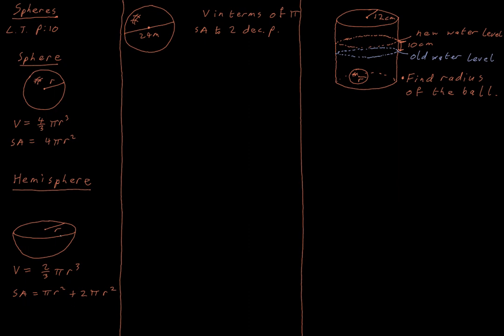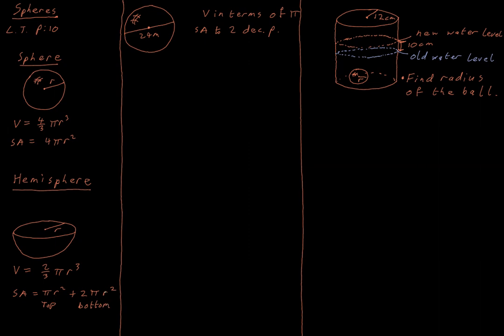The surface area, if it's a solid hemisphere, is going to be the top, which is just a circle of pi r squared, and then the curved side or the base of it. And we need to be careful.